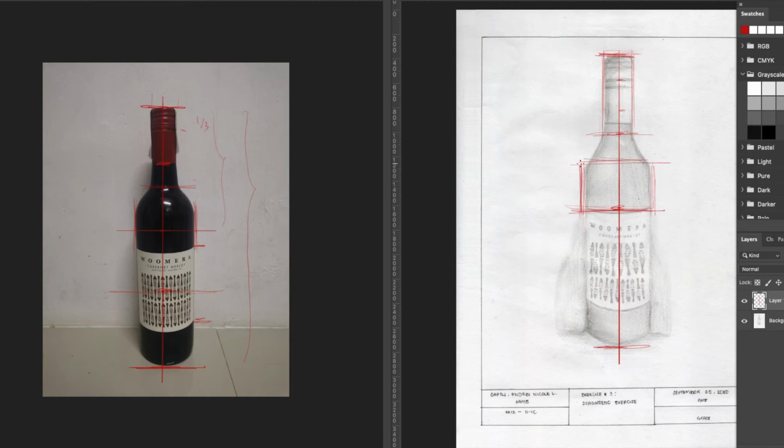Okay. We're also seeing problems with the curvature of the bottle. Now, with this picture, there is a slight distortion sa sides.